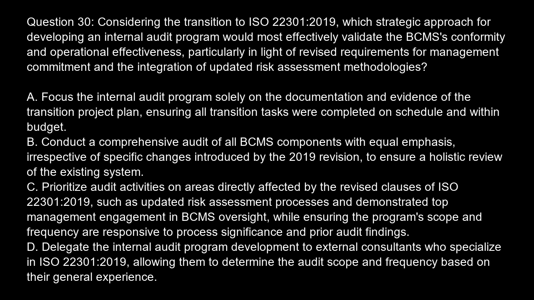Option D. Delegate the internal audit program development to external consultants who specialize in ISO 22301:2019, allowing them to determine the audit scope and frequency based on their general experience.